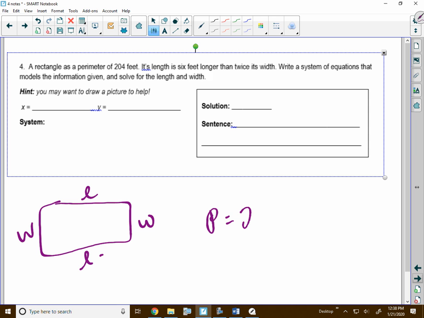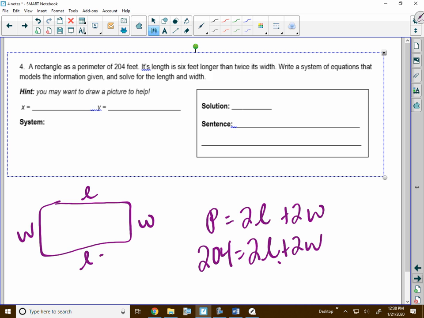Would you agree it would be 2 lengths plus 2 widths? Keep that in mind, we're going to come back to it. And that perimeter is 204. So we could write it like this: 204 equals 2 length plus 2 width.